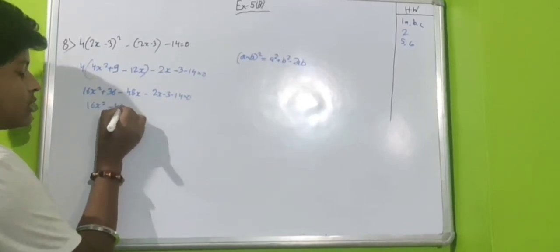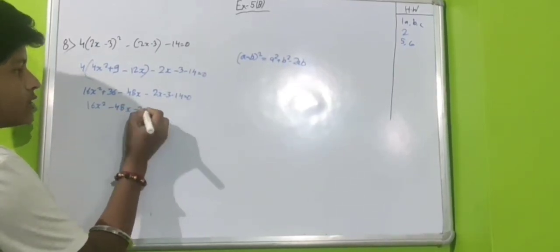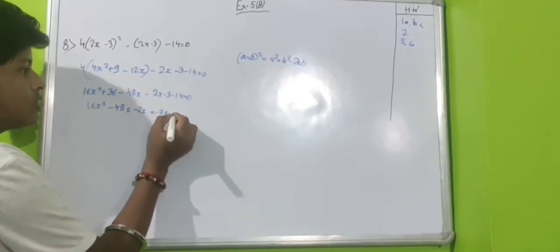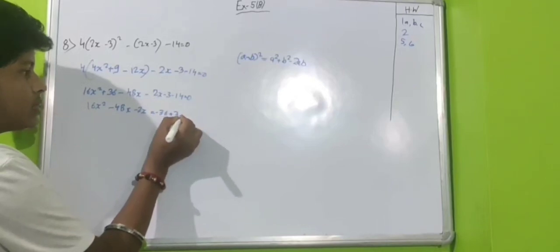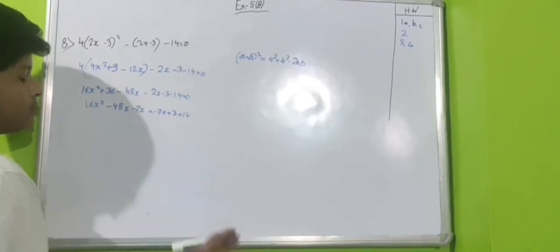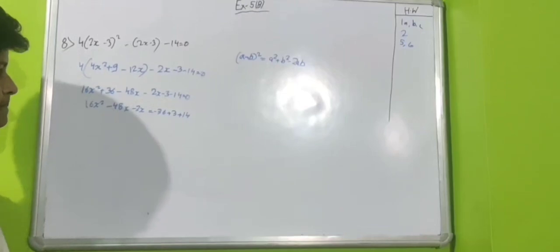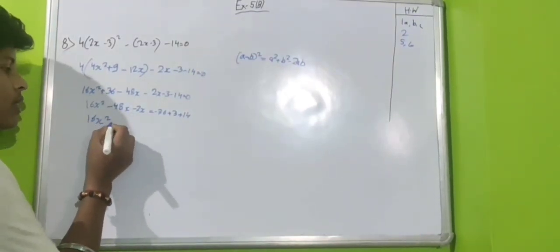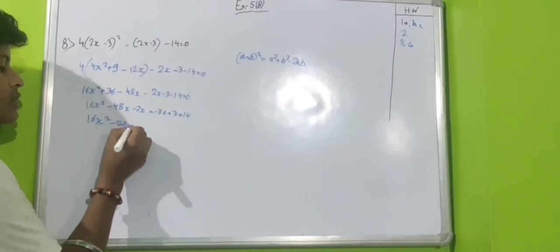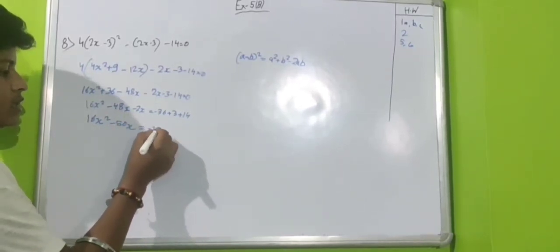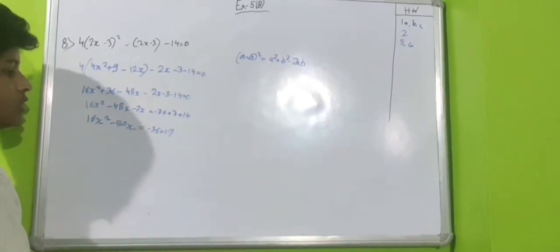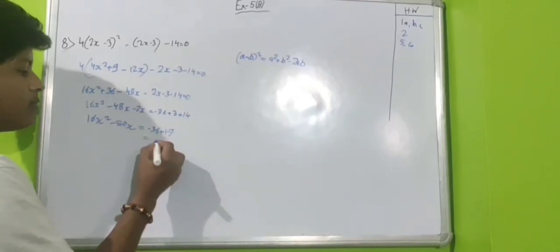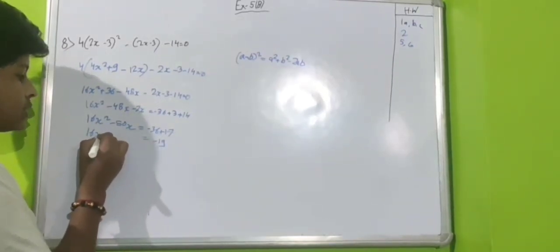So it will be minus 48x minus 2x equals to 36 minus 26 plus 3 and plus 14. 16x square minus 50x equals to minus 36 plus 17. So it will come as minus 19 is equal to 16x square minus 15x.